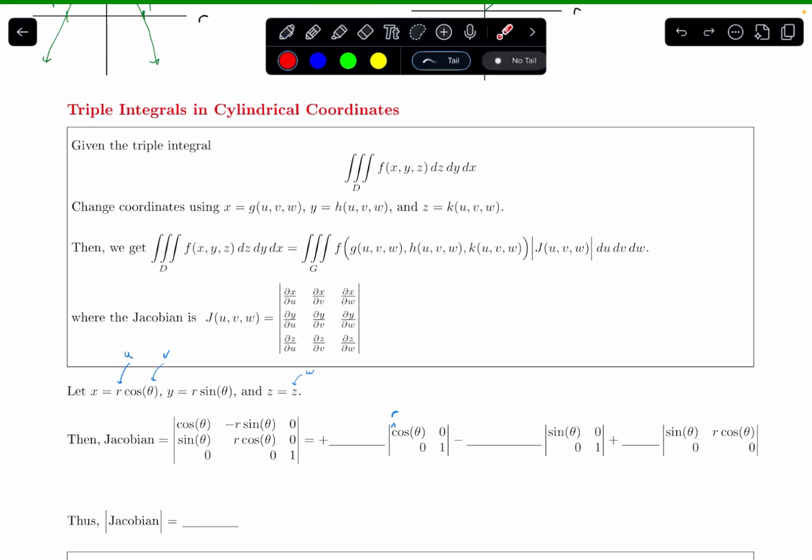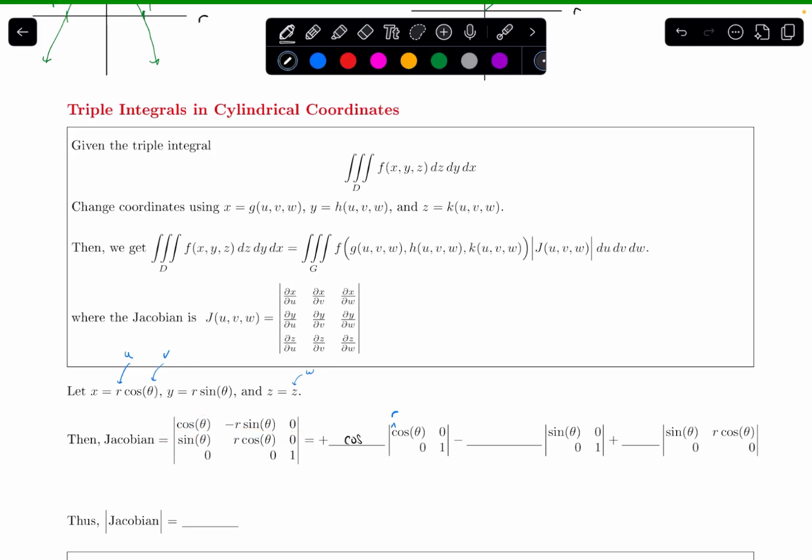I encourage you to check it, but if you do all the partial derivatives, you'll end up getting this for your matrix. So I briefly just want to talk about how you do a determinant of a 3 by 3 matrix. What you do is you pick one of the rows or columns to expand along. If I pick this first row, I take the first entry of that row, which is cosine theta, and I write that down.